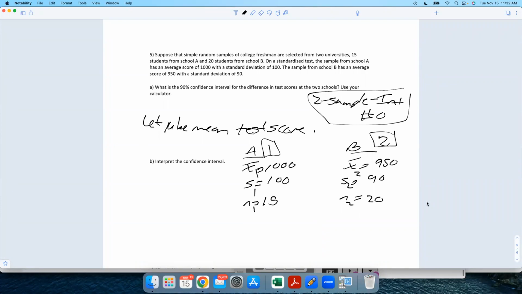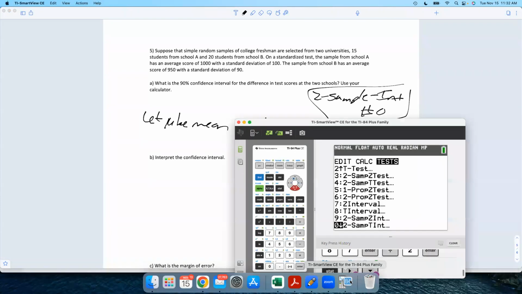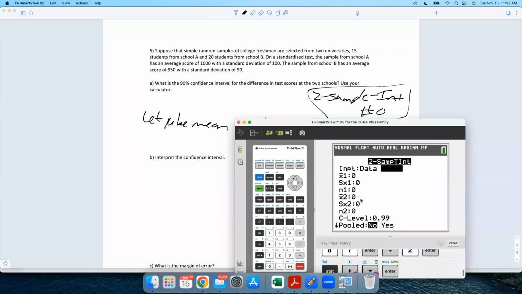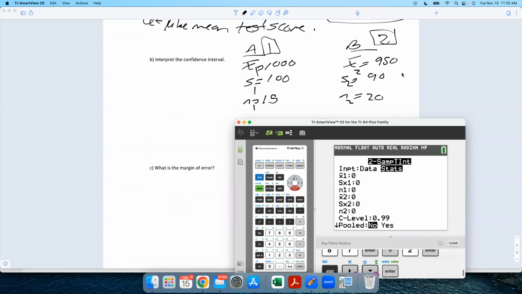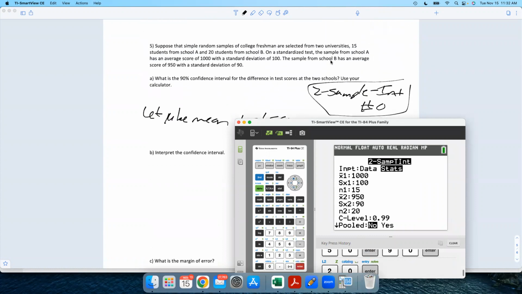All right, now we just throw this all in the calculator. It's going to do all the work for us. So button 0. I type my 6 numbers. My confidence level was 90%.